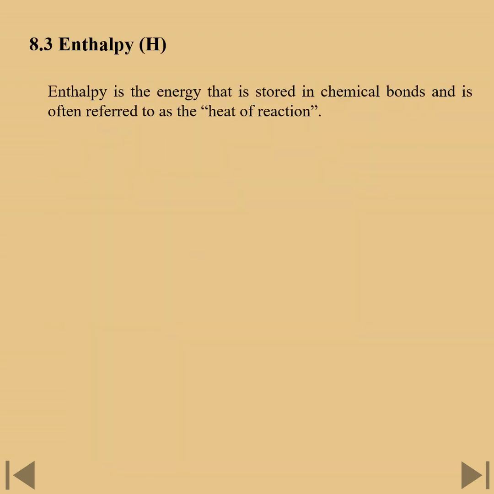Okay, now I want to introduce you to enthalpy, which is the term we use to describe the energy that's stored in your chemical bonds. We use an H because sometimes this is referred to as the heat of a reaction. So if we look at a chemical reaction, essentially what we're going to find is we have an energy change.